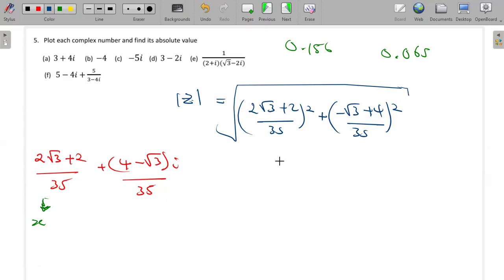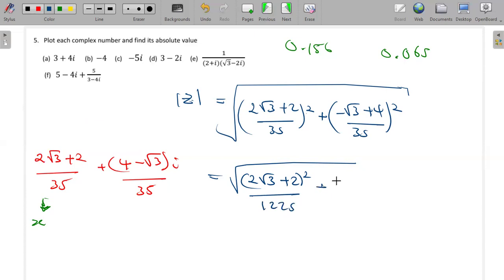So on top there, if I square this, you just have (2 root 3 plus 2) squared. Then 35 squared gives us 1225, so this will be 1 over 1225.